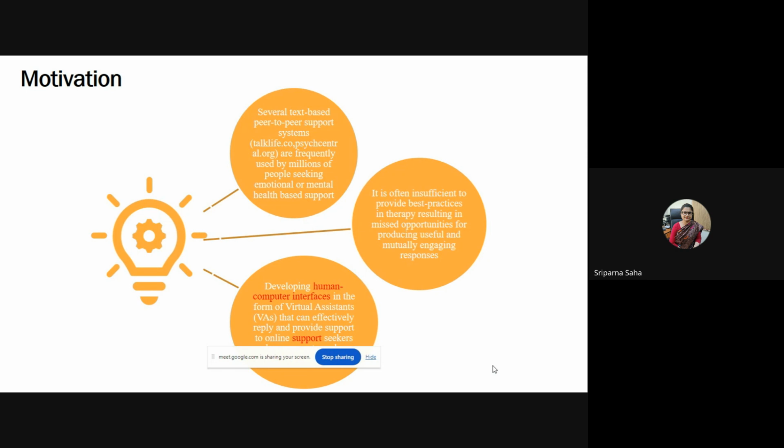So what we need is to develop a human computer interface in the form of a virtual assistant that can effectively reply and provide support to online support seekers. This becomes extremely critical.